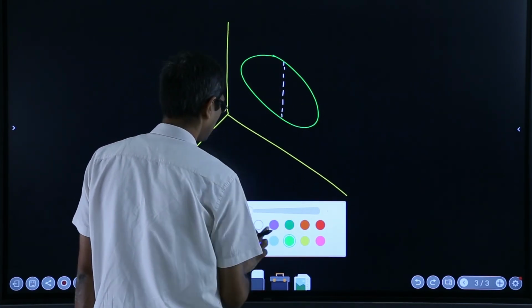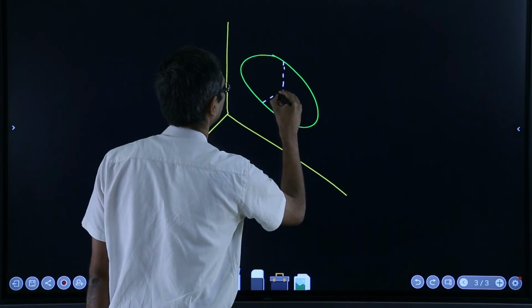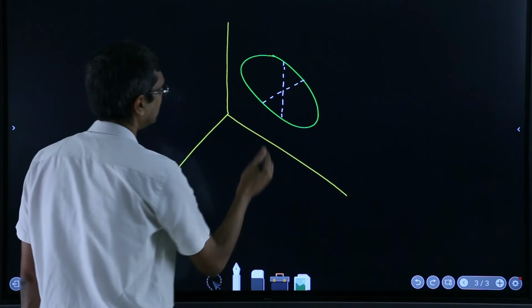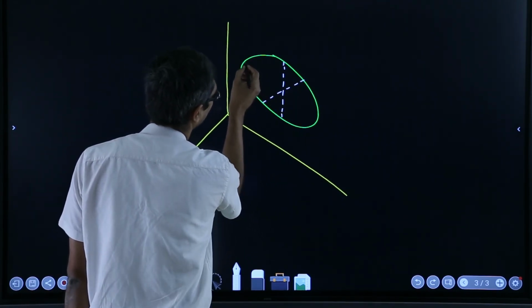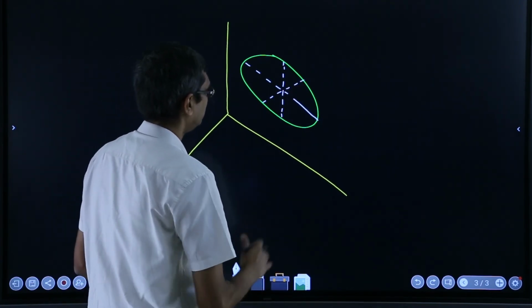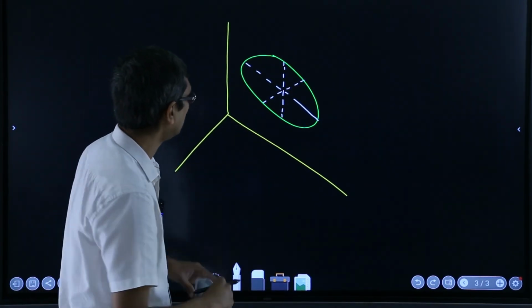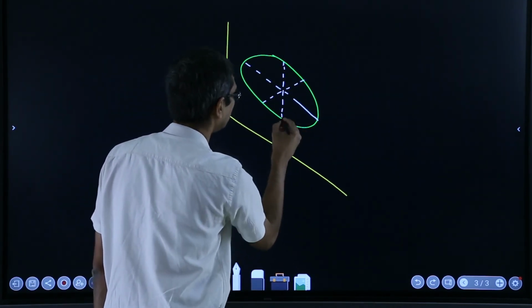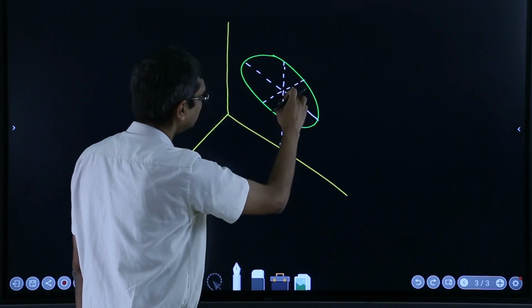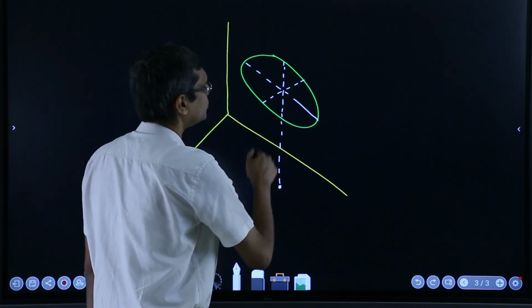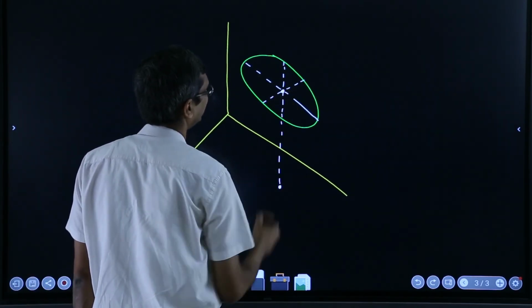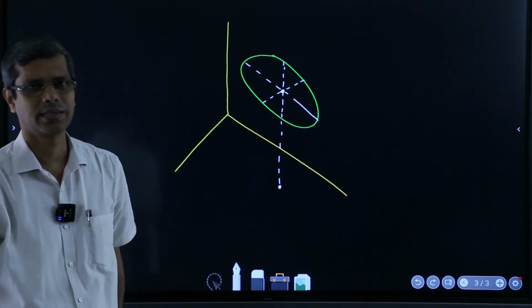So maybe I'll show that line as this one, and if you keep on turning this body to different orientations, always this vertical line, so please understand what these lines mean. Now in this orientation, this particular line is moving through this, and similarly if you turn this, that line will move like that. So if you join all those lines, they will move through a single point, and that point we call the center of mass.